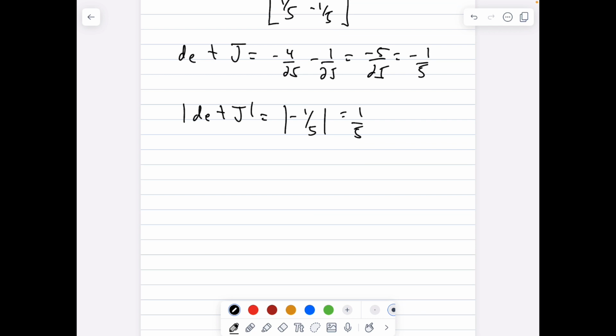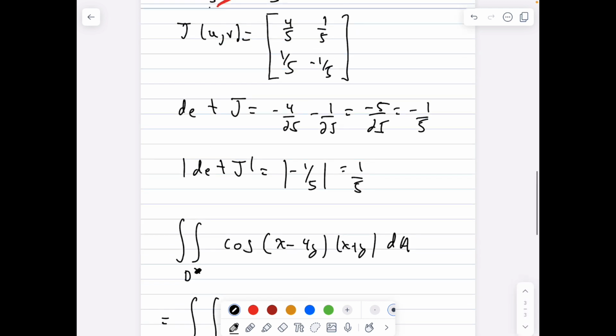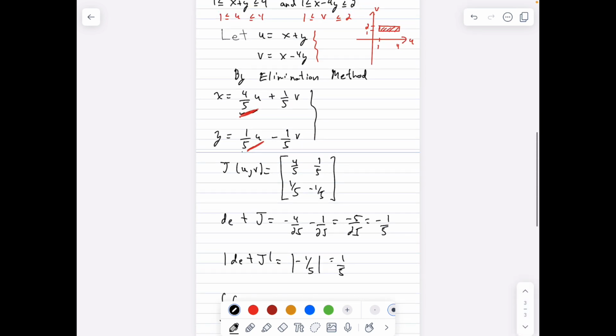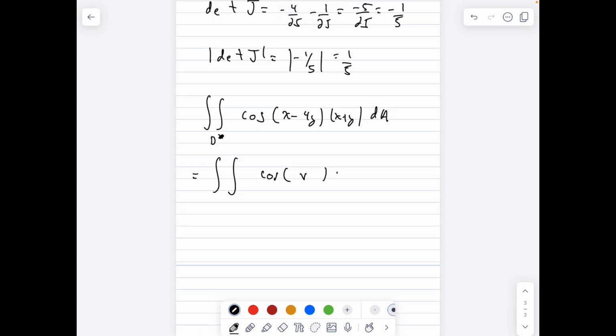The way this integral is going to work is that the integral of cosine of x minus 4y times x plus y dA over D is going to equal the following integral. We called x minus 4y v, and we called x plus y u, so this would be cosine of v times u.